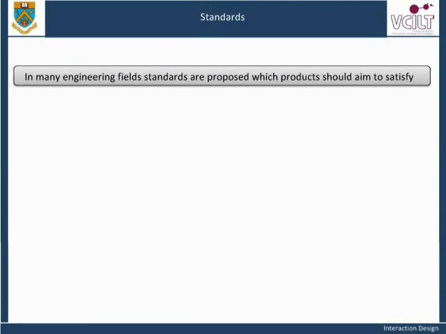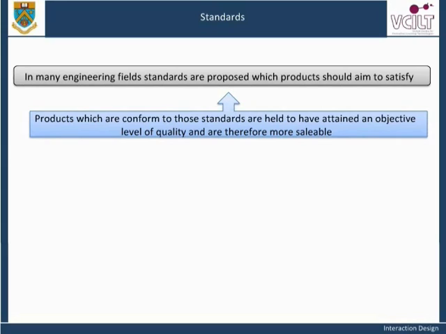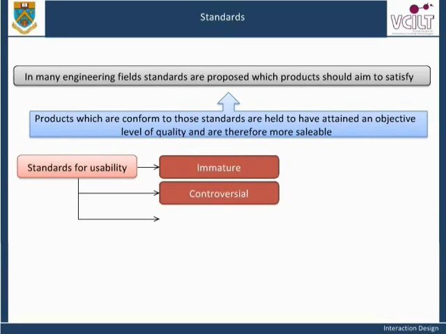In many engineering fields, standards are proposed which products should aim to satisfy. Products which conform to those standards are held to have attained an objective level of quality and are therefore more saleable. Standards for usability are immature, controversial, and not widely used.